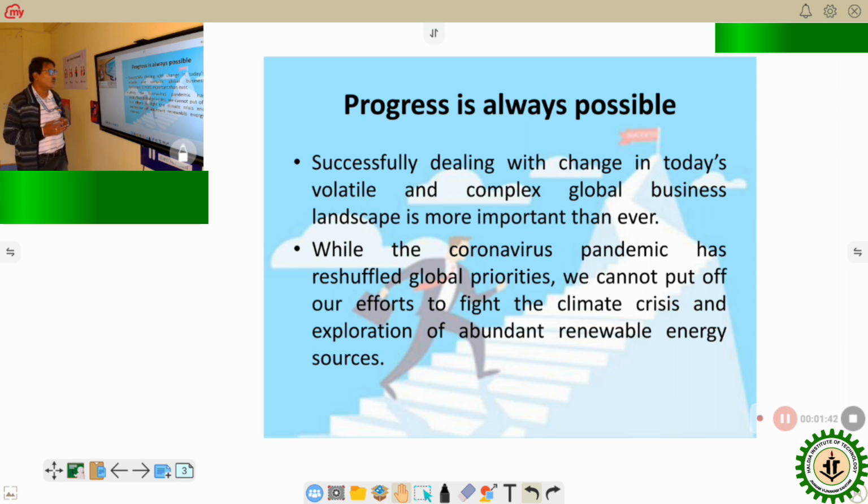Everyone knows that any technology, whatever it was 10 years back, and whatever the upgradation and present status is, is not at all the final. So there is scope for improvement. That's why it is very important to believe that progress is always possible.